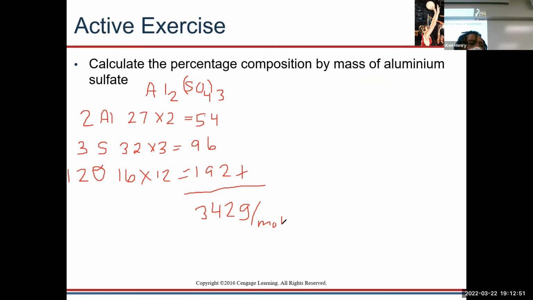Okay, so if I want the percent of aluminum in aluminum sulfate, what am I going to do? I'm going to use 54, because I have to take into account all the aluminums that are there, divided by 342, times 100. What does that give me? 15 something, right?